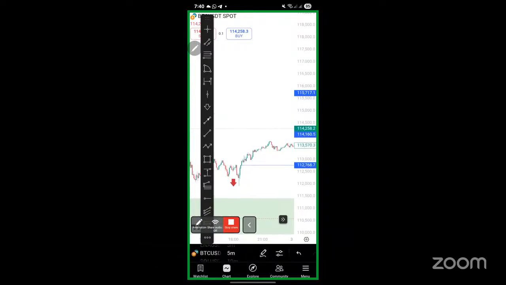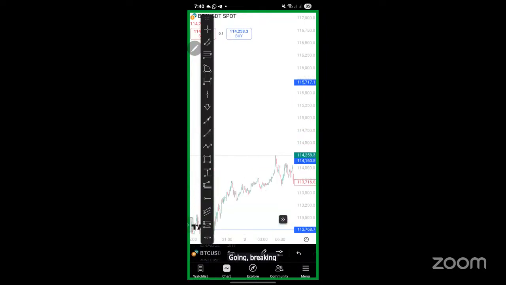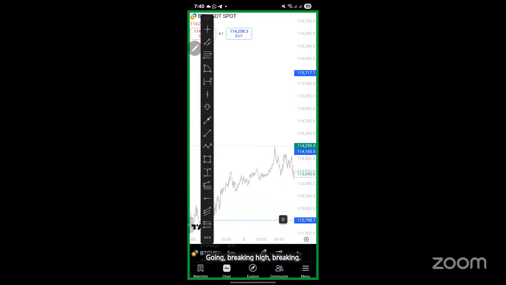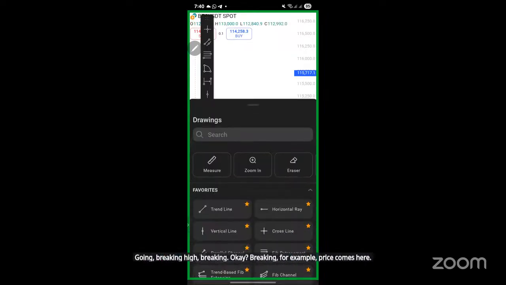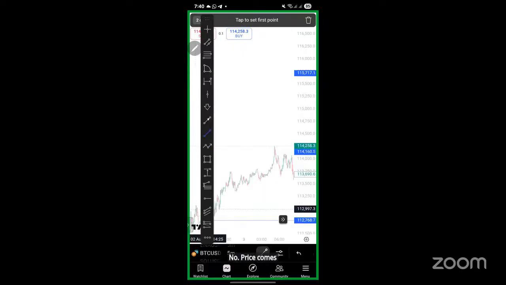After changing character, you will see price breaking highs. For example, price comes here, and you can see that price breaks this area.